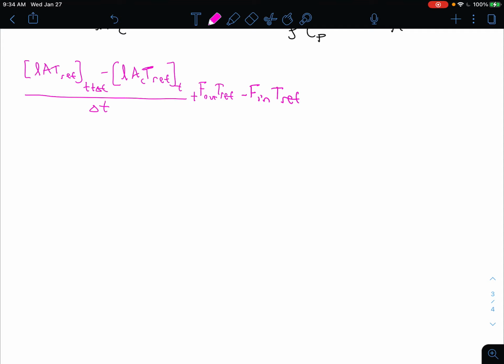Okay, I'm going to rearrange things a tiny bit. I'm going to say L, by the way, this should be AC T ref, T plus delta T, minus LAC T ref at time T equals, or no, this is not an equation.